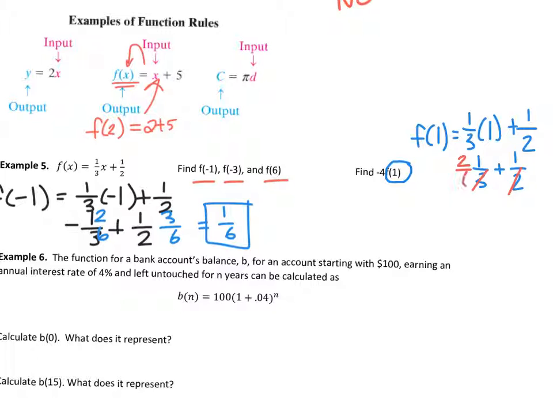So this is 2/6 plus 3/6, which is 5/6. So -4 times 5/6. So this is -4 over 1 times 5/6. I can reduce this by multiplying across. Most people are comfortable with multiplying across and then reducing. So it's -10/3.